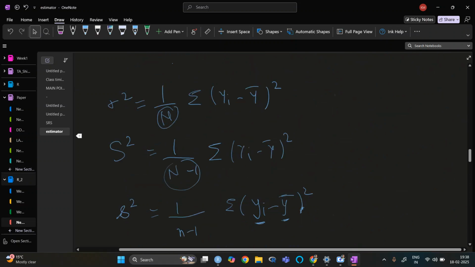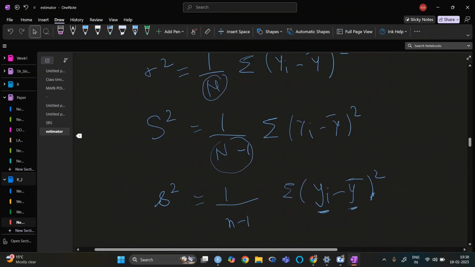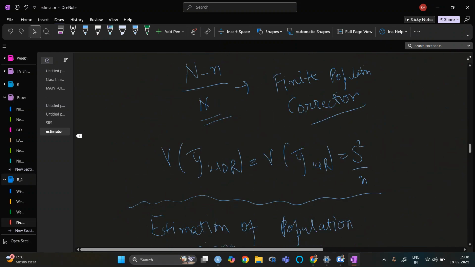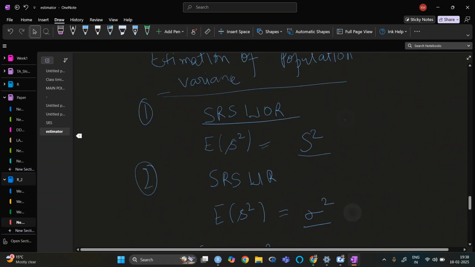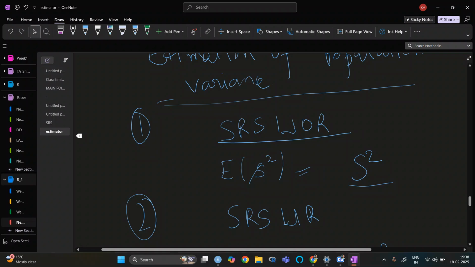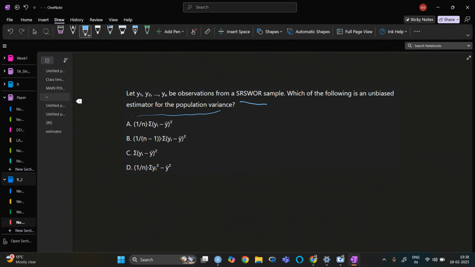But for the variance, this 1 upon n minus 1 is the unbiased estimator. Here you can see the estimation of population variance. For SRSWOR, the estimator of capital S square is 1 upon n minus 1 sigma yi minus y bar whole square. So it is not 1 upon n, it is 1 upon n minus 1.